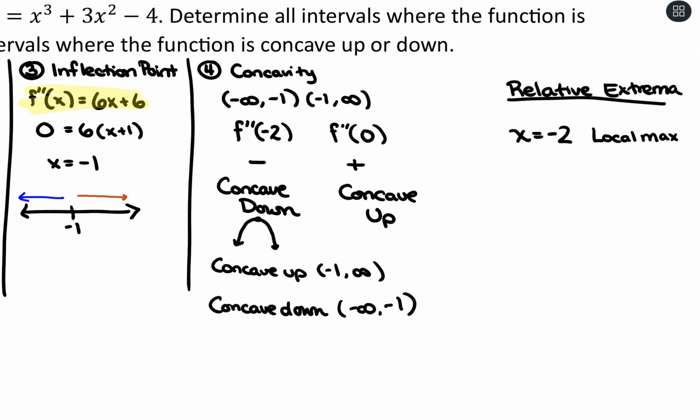So we can use concavity to know that it is reaching a highest peak there because it's concave down. And then at x equals 0, we're concave up. So that means we're making a local minimum.